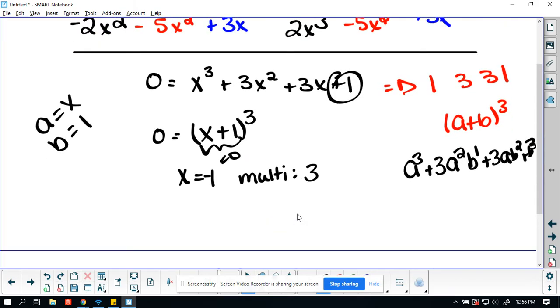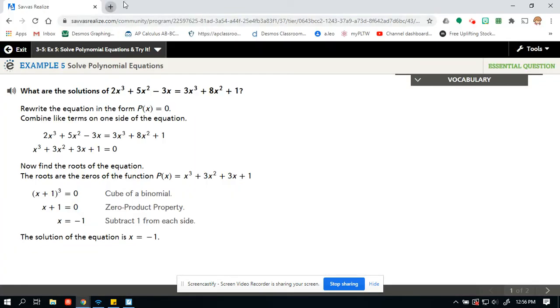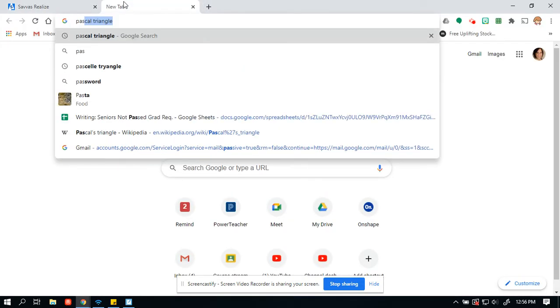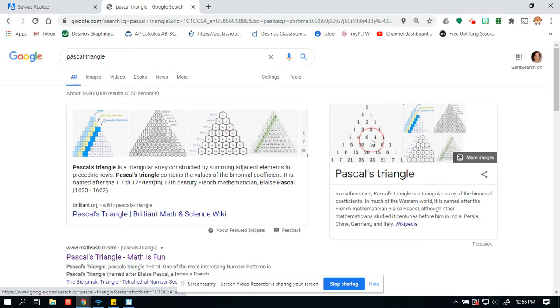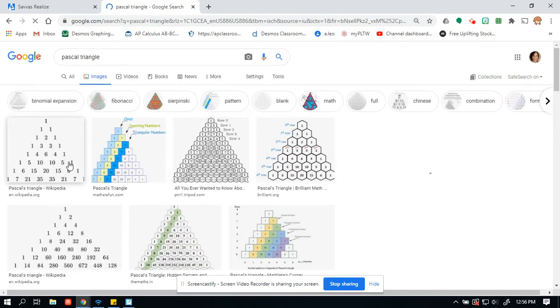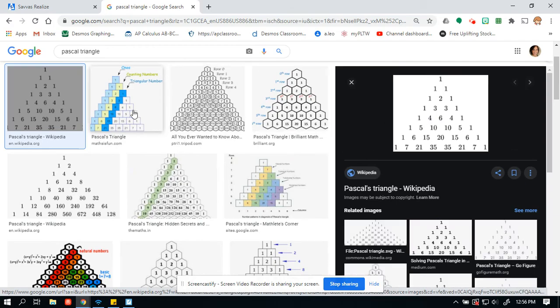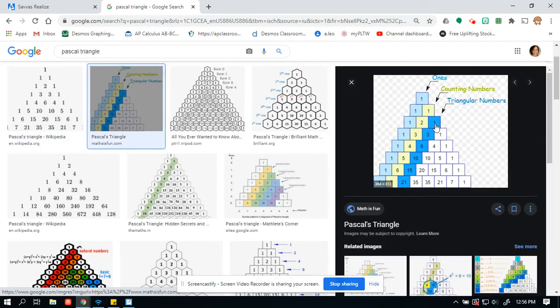I did mention in class that you should probably know Pascal's triangle up to the 1, 3, 3, 1. Then 1, 4, 6, 4, 1. I would definitely have Pascal's triangle in your notebook. And if you really want to know how to create it, these are counting numbers, so this is all ones, then 1, 2, 3, 4, 5, 6.